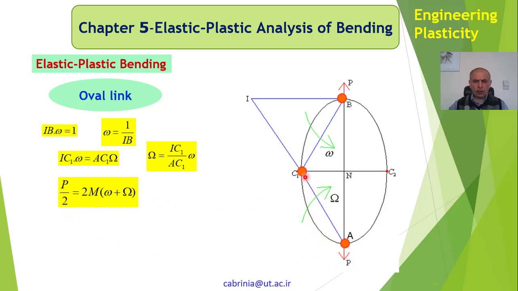You can compare this with the previous examples that we solved, like the built-in beam and that frame. It's almost similar to them. So if we write P over 2 times 1 meter per second, because it's moving 1 meter per second, that is equal to: now we got 1 Mp here, another Mp in here, another Mp in here.